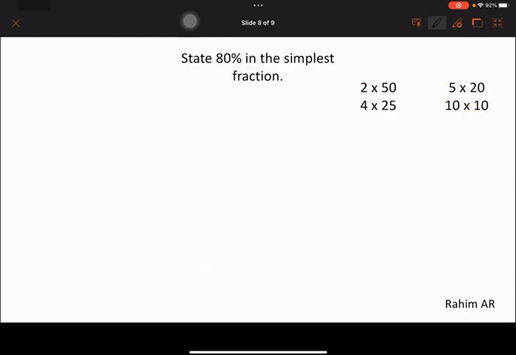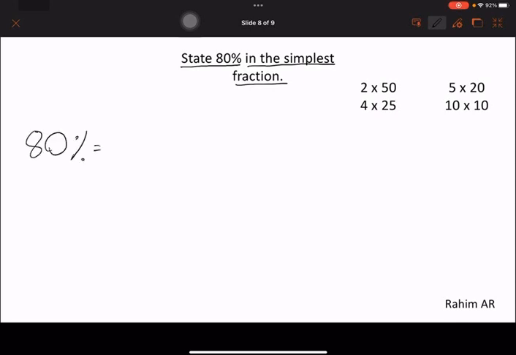Next, now we are going to reverse the process, because in all of the examples I have shown you, we changed the fraction to percentage, but right now we have to change the percent into fraction. So read the question. State 80% in the simplest fraction. So we write down 80%.